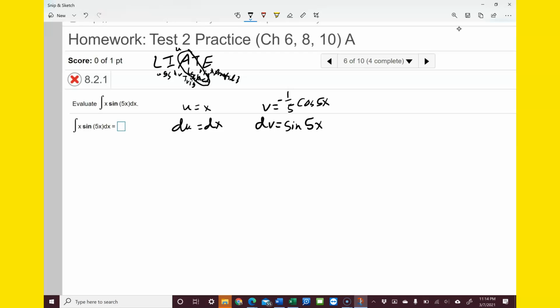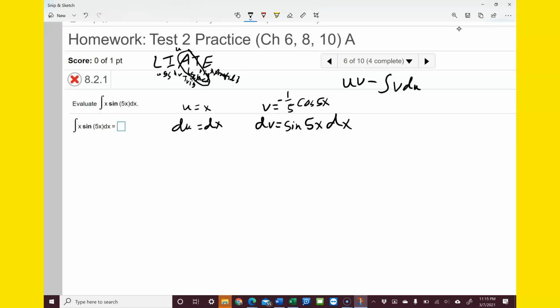Alright, and then integration by parts is uv minus the integral of v du. And I should have said, sorry, dv is sine 5x dx.